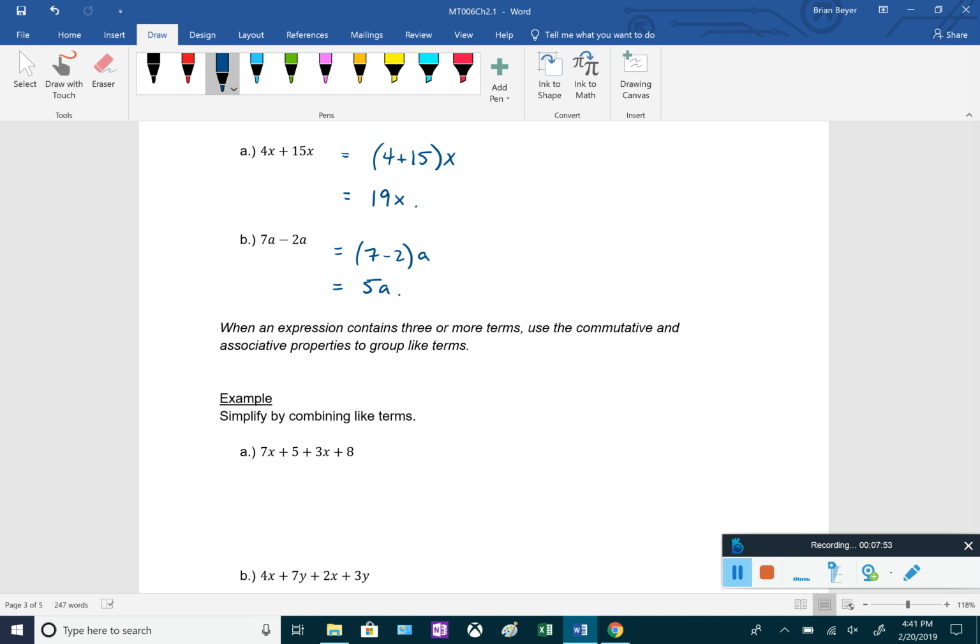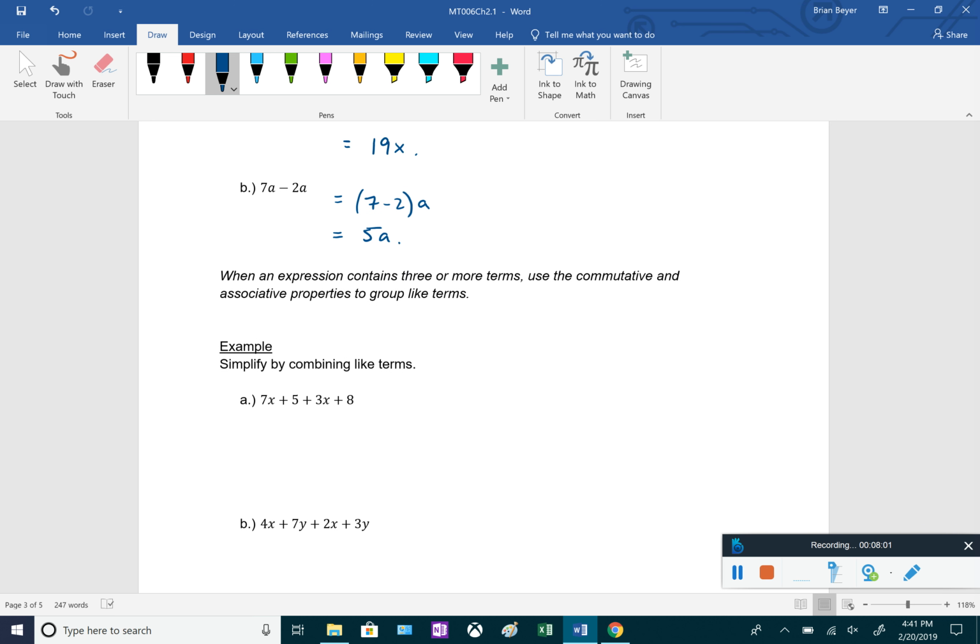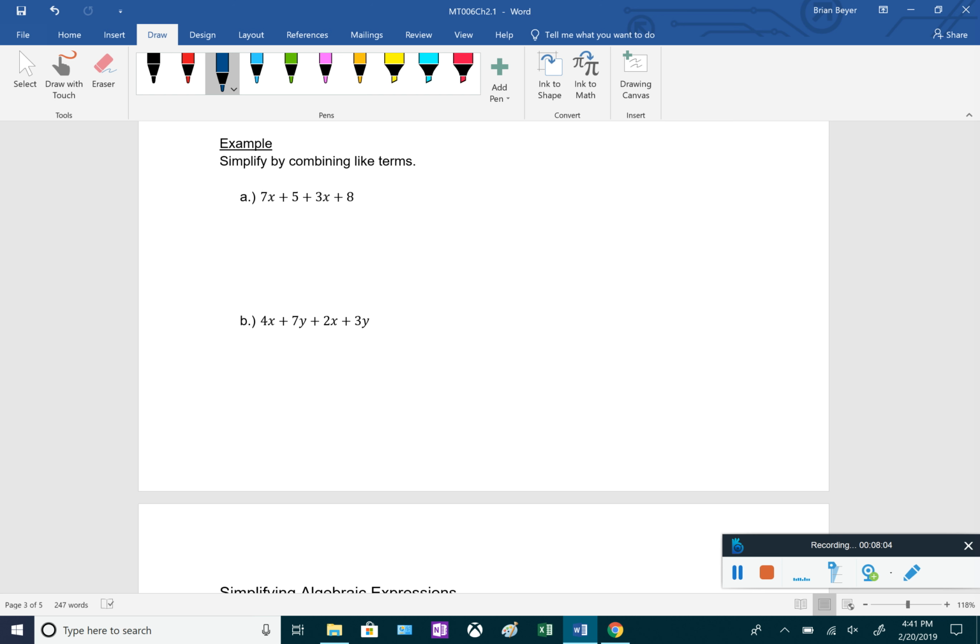If we have 3 or more terms, what we're technically going to be doing is using the commutative and associative properties to group these like terms. So let's say we have 7x plus 5 plus 3x plus 8. For combining these like terms, we say this is the same thing as 7x plus 3x and then plus 5 plus 8.